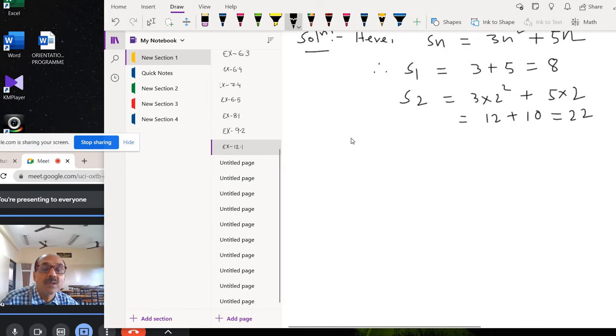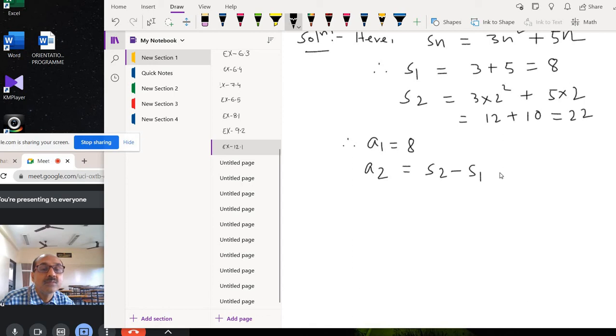So S1 equal to 8. Therefore, first term A1 is equal to 8. A2 is S2 minus S1. So 22 minus 8 equals to 14.